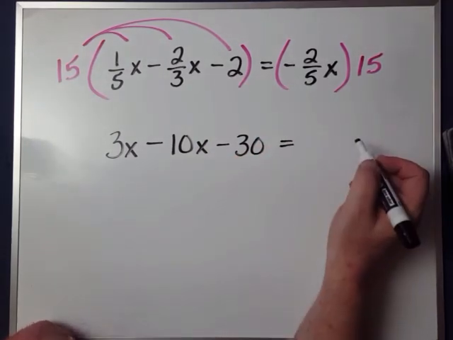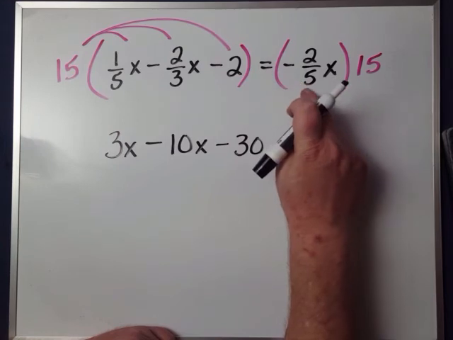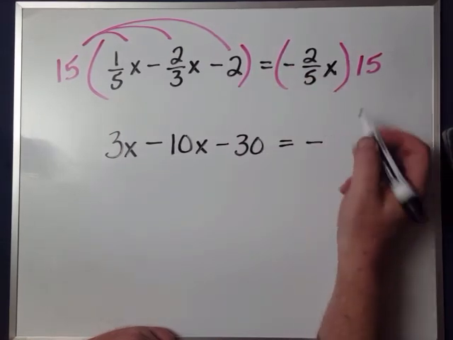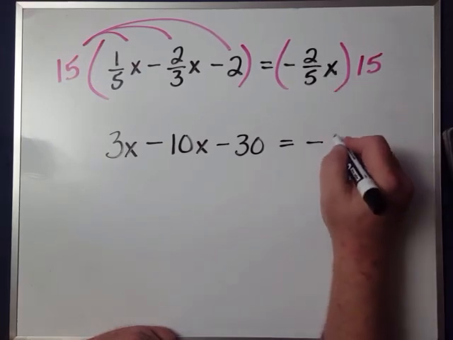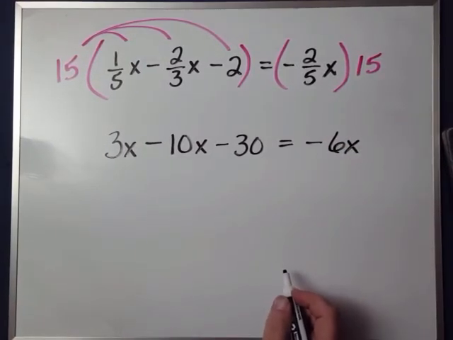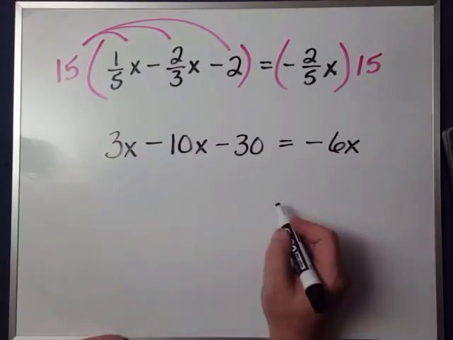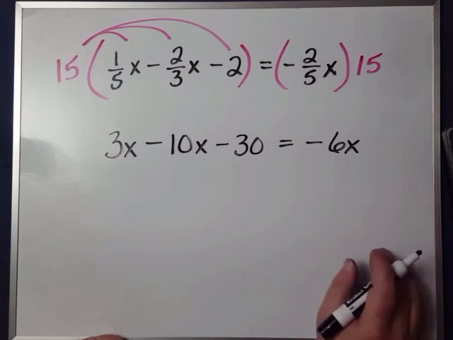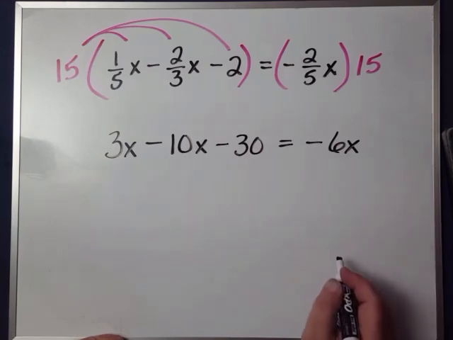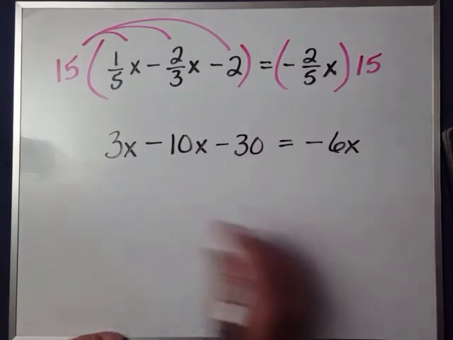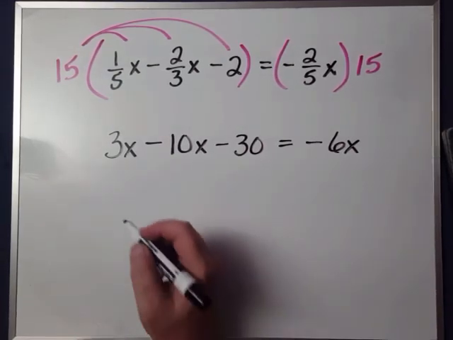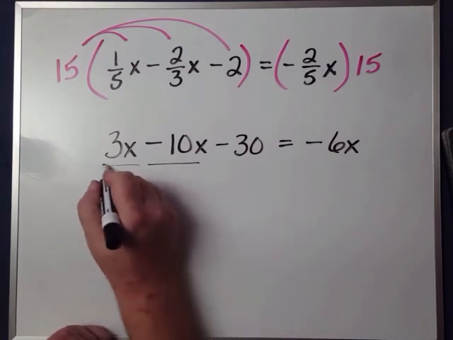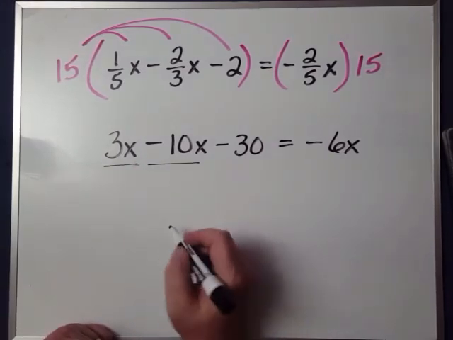On the other side, 15 times 2/5, this term will be negative. 15 divided by 5 is 3, times 2 is 6. If you need to see that cross canceling, you can always go off to the side and do some scratch work. We now have an equivalent equation with no fractions. So let's keep going. Simplify both sides. Here, the left-hand side, I can combine like terms.